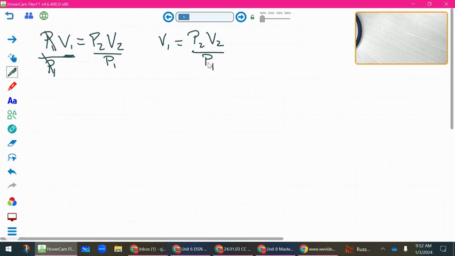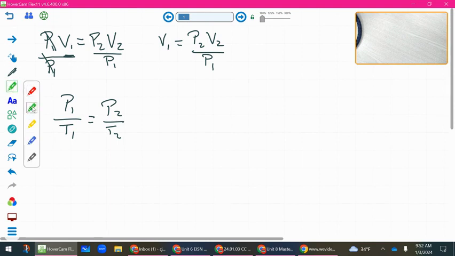When you get to Gay-Lussac's or Charles' law, P1 is over T1 now, and P2 is over T2. Now it isn't quite as easy to do. The easiest way to solve that problem is to make it look like Boyle's law. We're going to do what they call cross products are equal.